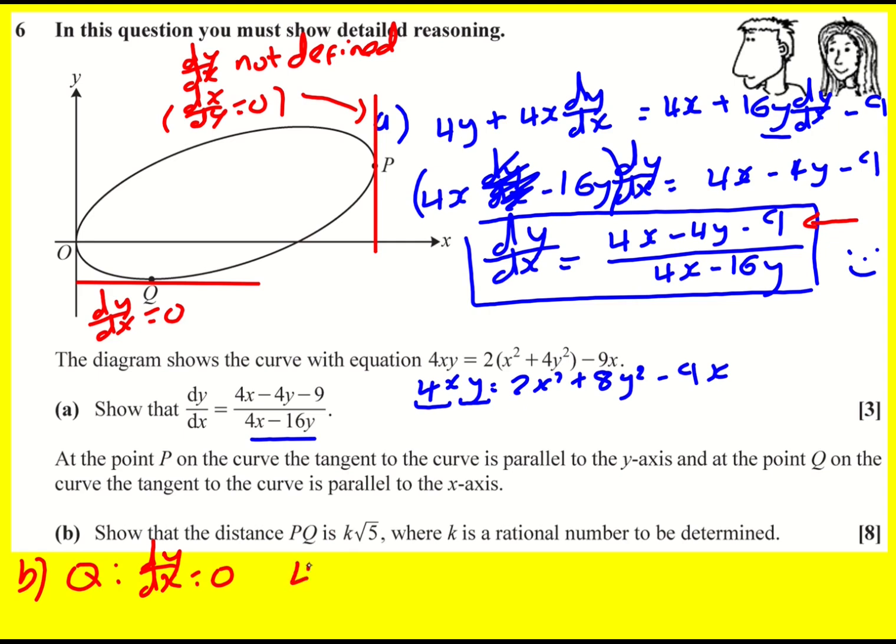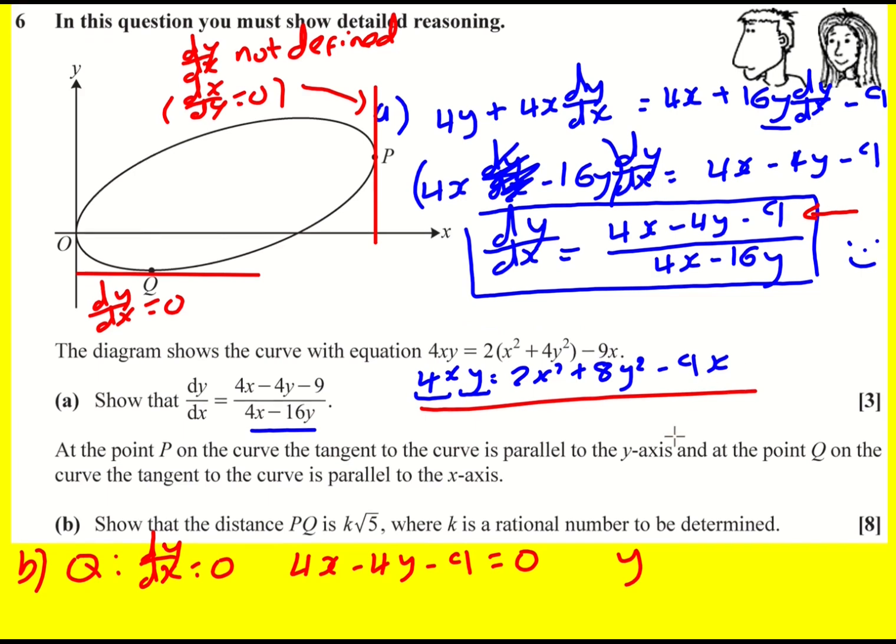So it must be that 4x minus 4y minus 9 is equal to 0. And that means I can rearrange to get a condition for y in terms of x, but we also know on the curve that this is true. Well, actually, let me stick with the not the expanded one, that is true.